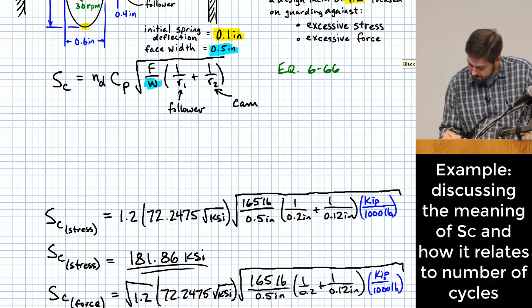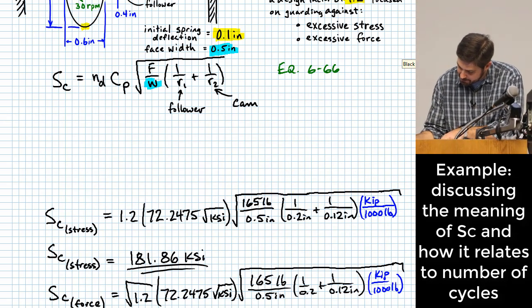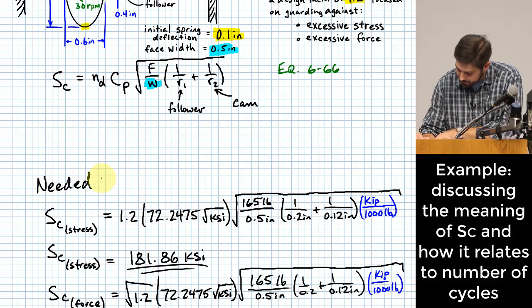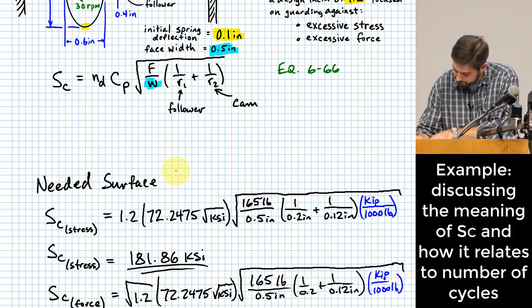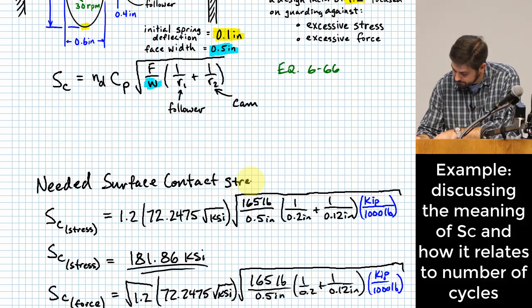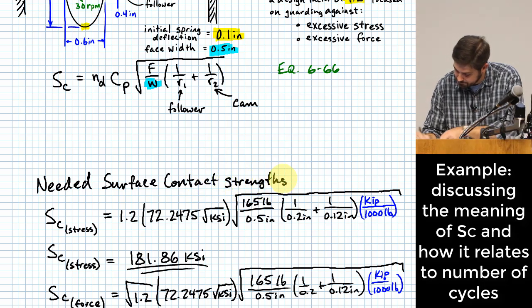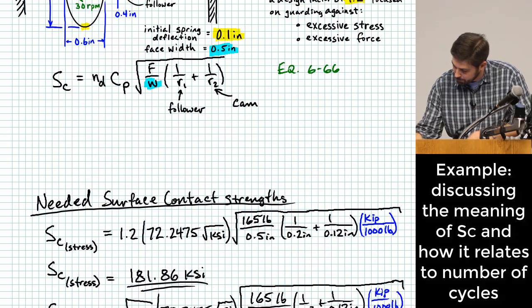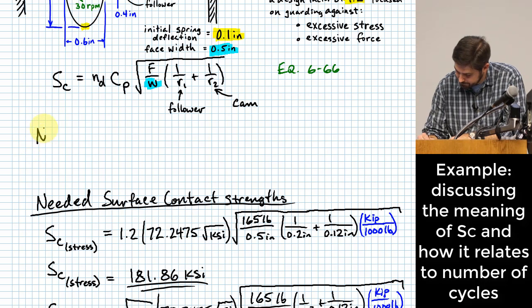To put a heading on these, these are our needed surface contact strengths. And then we're going to come up with a number of cycles.